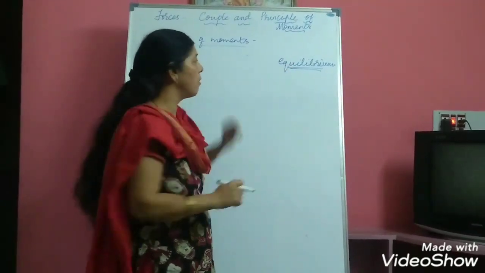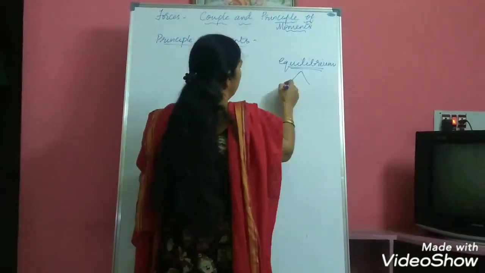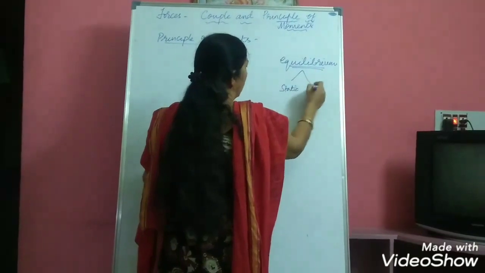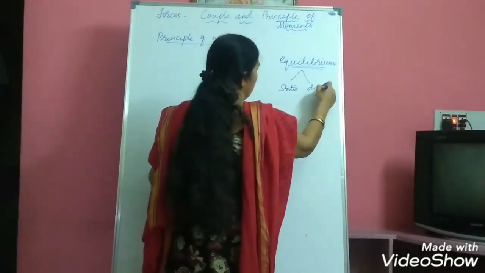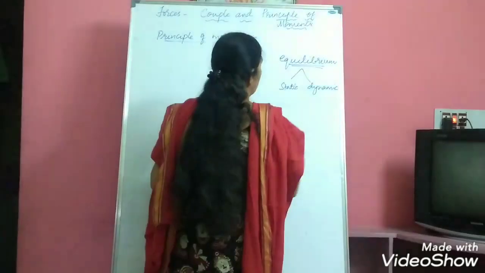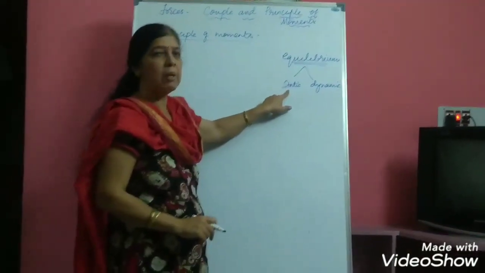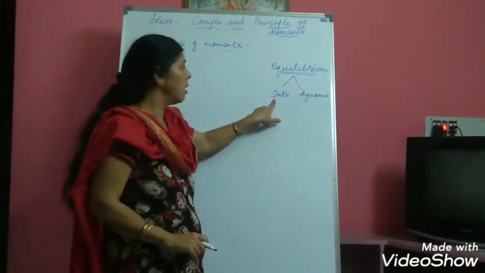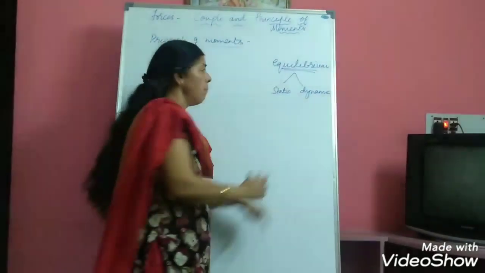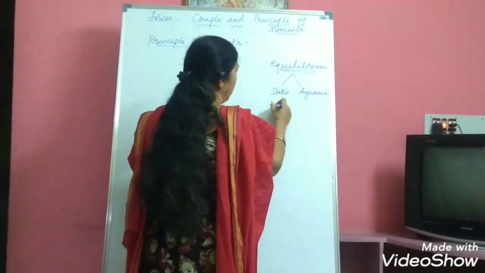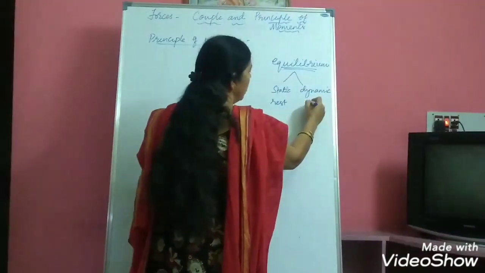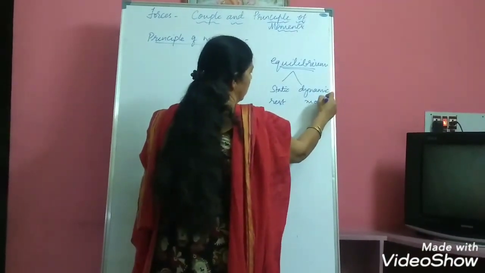And there are two types of equilibrium. One is a static equilibrium and the other is a dynamic equilibrium. Now in static equilibrium, even though forces are acting, the body continues to be at rest. In case of dynamic equilibrium, even though forces are acting, the body continues to be in motion.